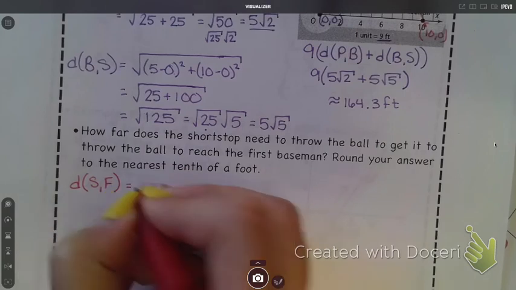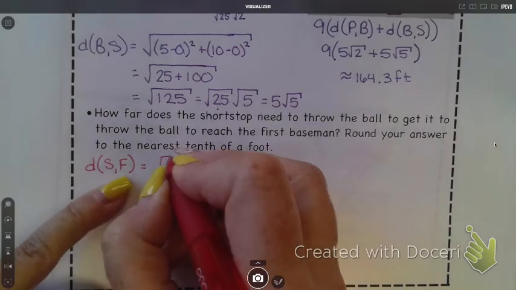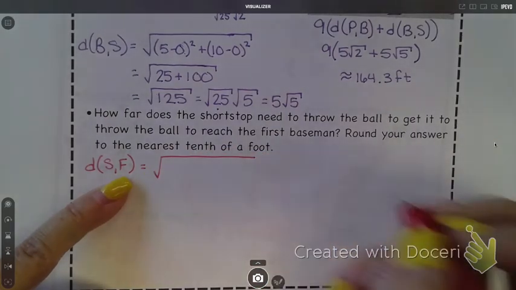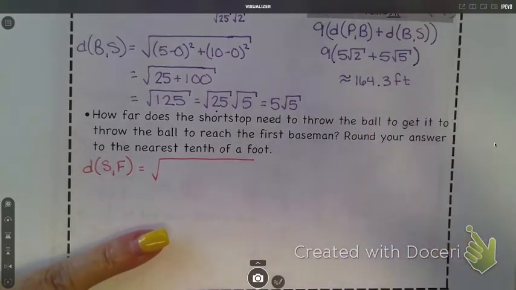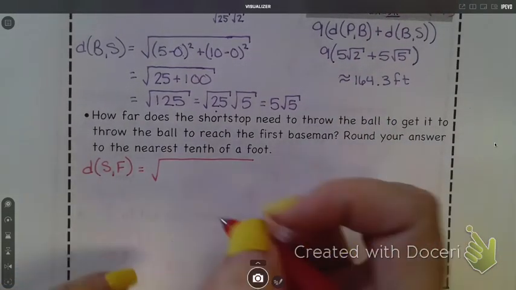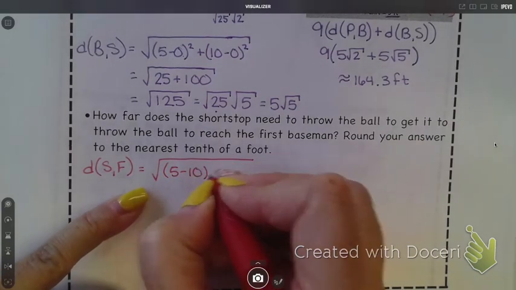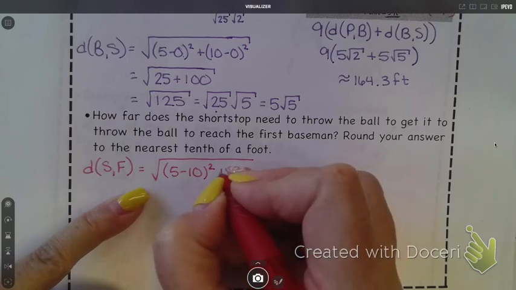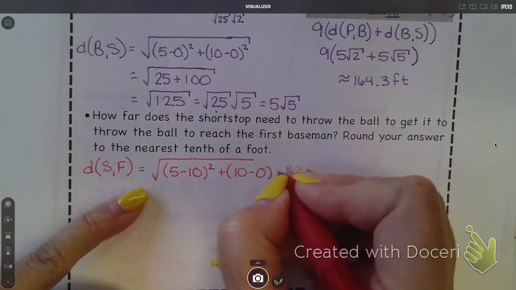Okay, so I'm going to go from the shortstop to the first base, yes? So I have the square root. Pick a point. Do you want to do shortstop to first base or first base to shortstop? Shortstop. Okay, so it'd be x minus x, so x minus 6, squared, plus y minus y, squared.